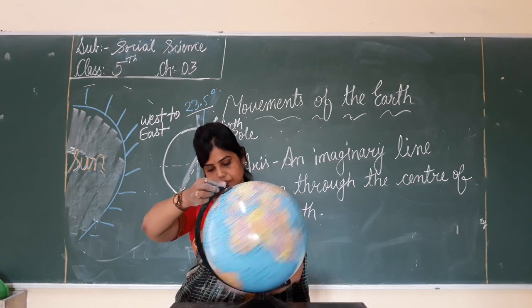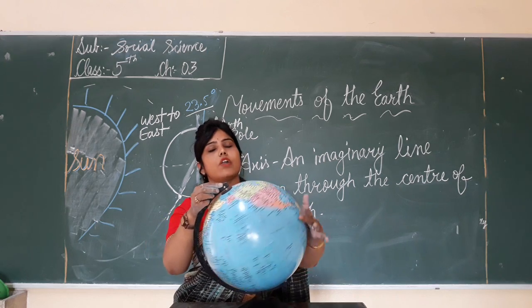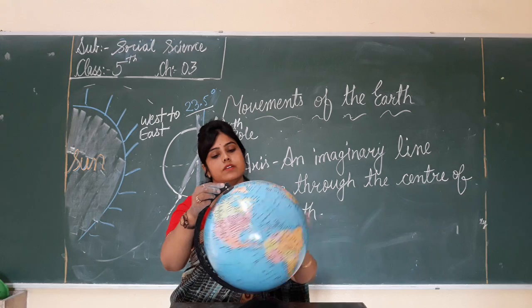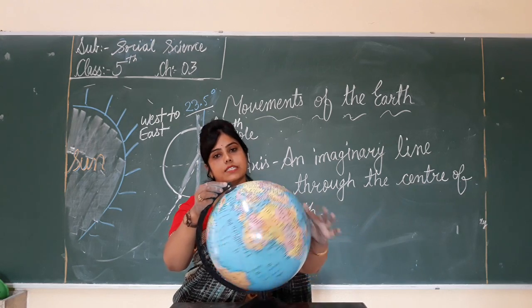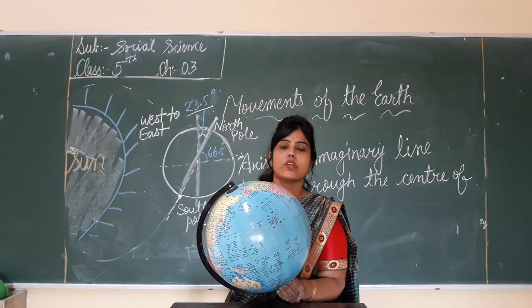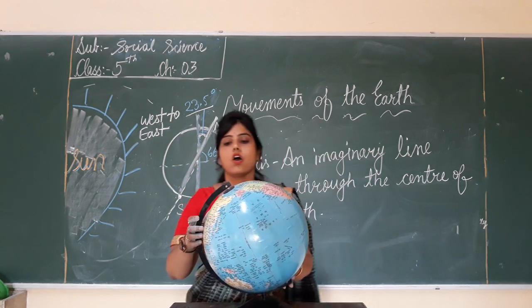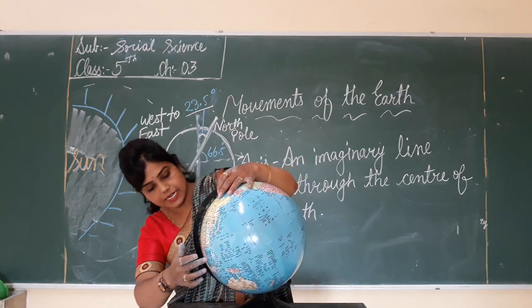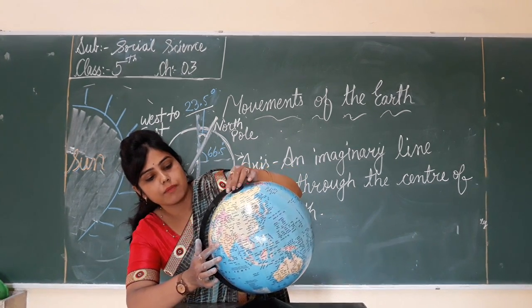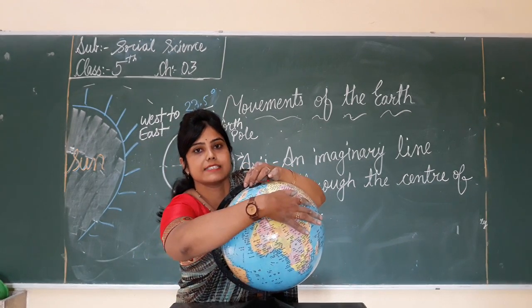And what is this? This is the globe, and this is the model of the earth. This is rotating, and the earth rotates from west to east. So west to east, there is our India. See, this is our India. So the sun rises in the east.